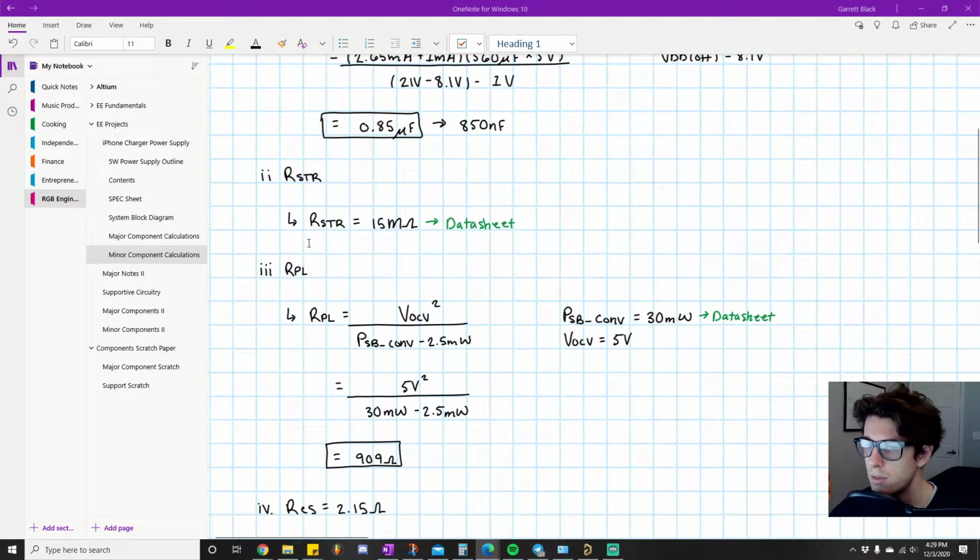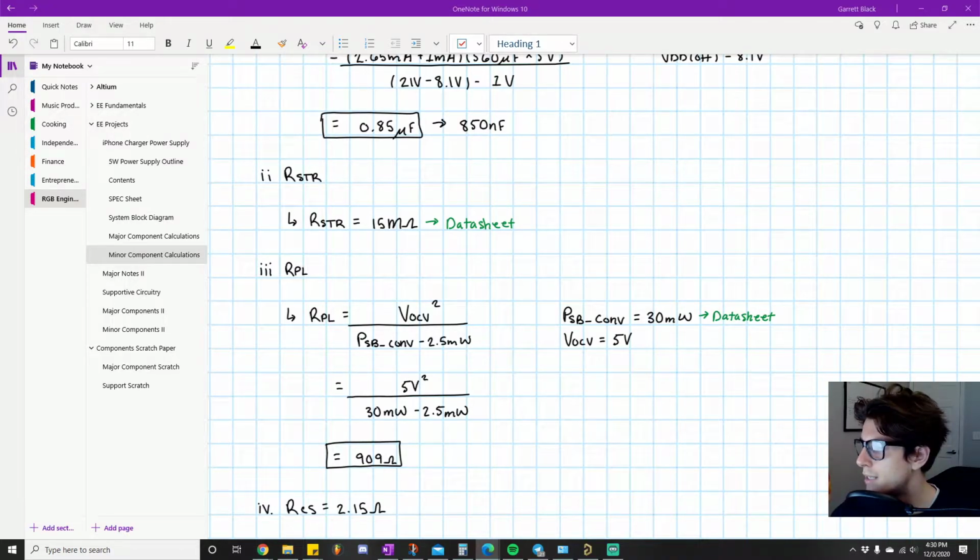The next one we're going to look at is RPL. In the data sheet, RPL stands for the preload resistance on the output of the converter. Basically it's that resistor in parallel with the capacitor on the output that you might have seen. They give us a straightforward equation: VOCV squared divided by PSB_conv minus 2.5 milliwatts.